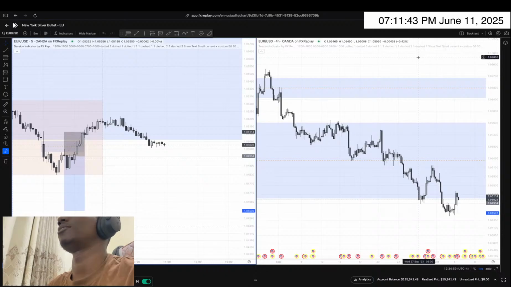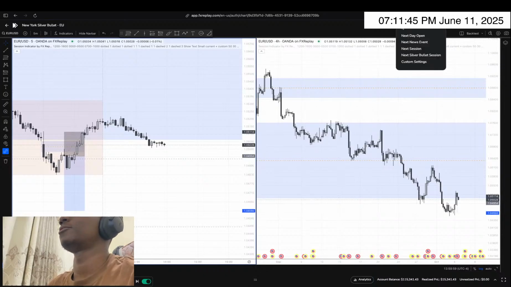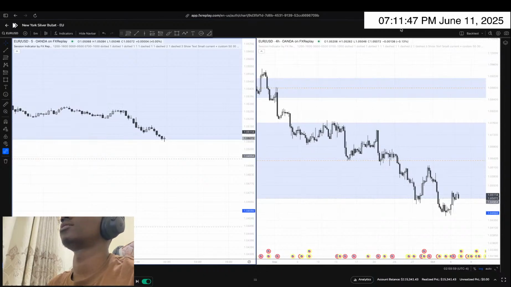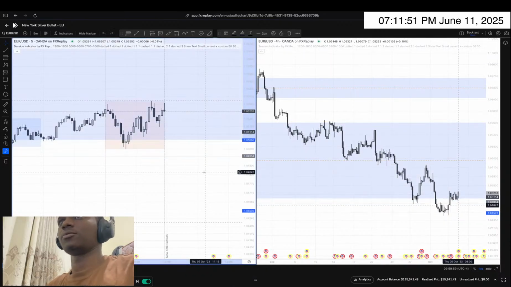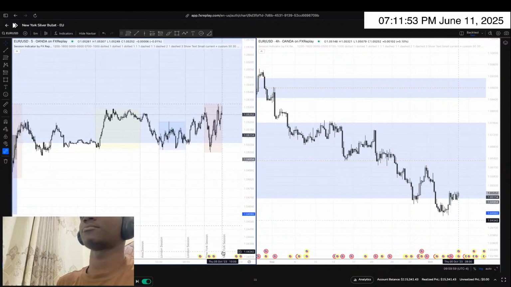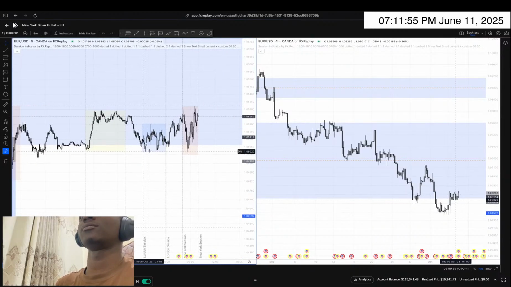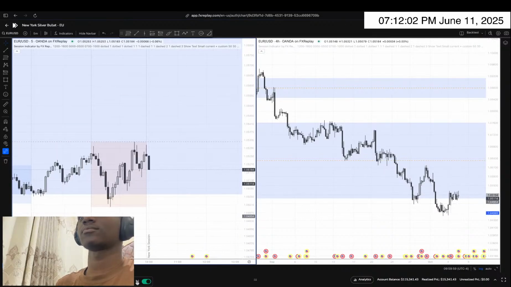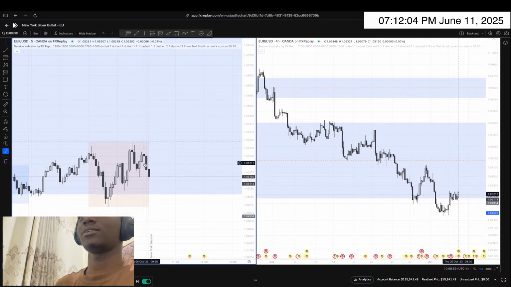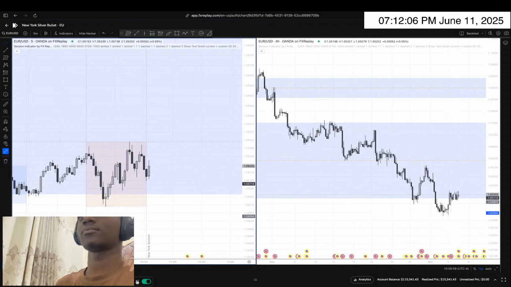Silver bullet and silver bullet. Good. Anyways, let's see how the silver bullet looks. London was consolidating. So we get the fair value gap. Retrace back into it. Let me use the 1 minute to see if we reject.